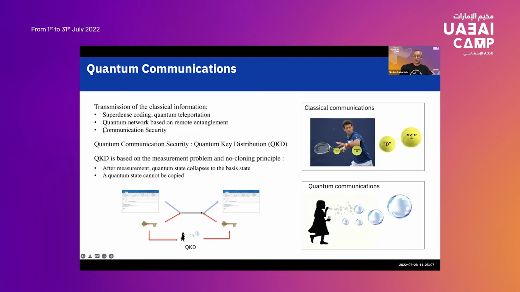And another one, which is very mature and has quite a lot of interest behind it, is communication security. How does it work? Well, you have seen that when we measure a quantum system, this arrow collapses immediately. And unless we repeat this experiment 1,000 times, we are not able to say where this arrow exactly was pointing.